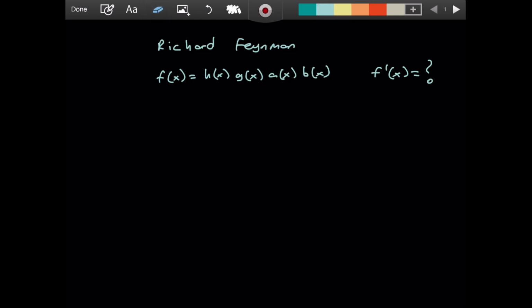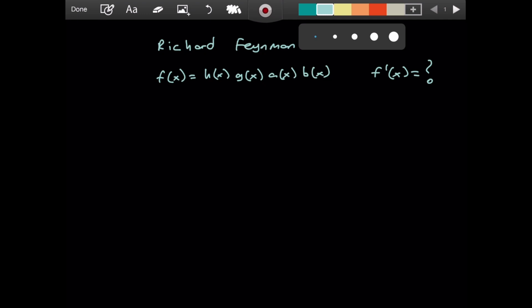And if you know the general product rule, you can directly write this. And when we come to the end of the derivation, you will see that we can derive the general product rule using Feynman's method. However, I don't think that most people are really familiar with the general product rule. We know the product rule for the product of two functions, right?